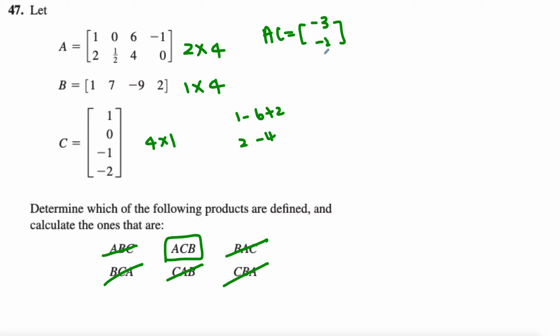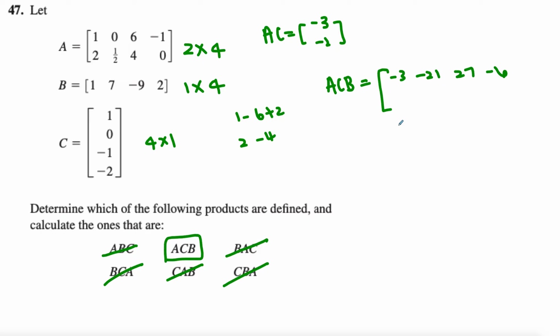Now next, what we need to do is multiply AC by B. Then we're going to multiply this one by this one. So that means my first row will be negative 3 times 1, so negative 3 is multiplied to all 4 of them. So negative 3, and then negative 21, 27, negative 6. Next, what we end up getting is the bottom one.